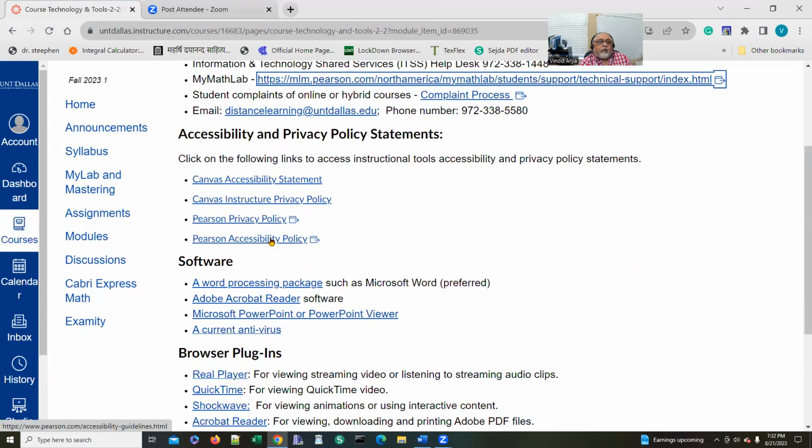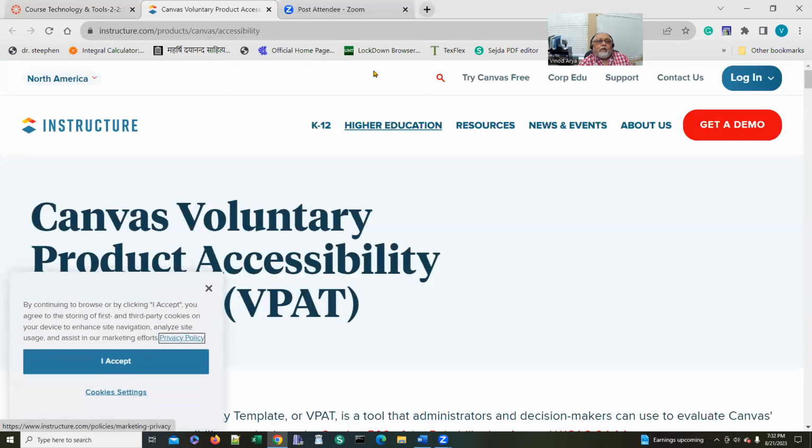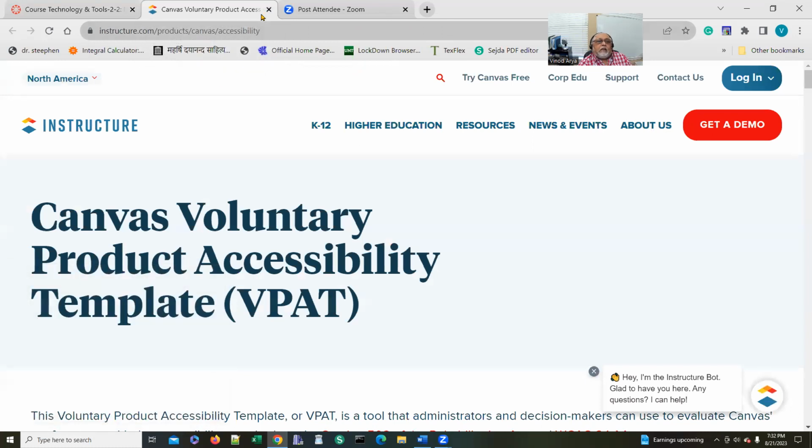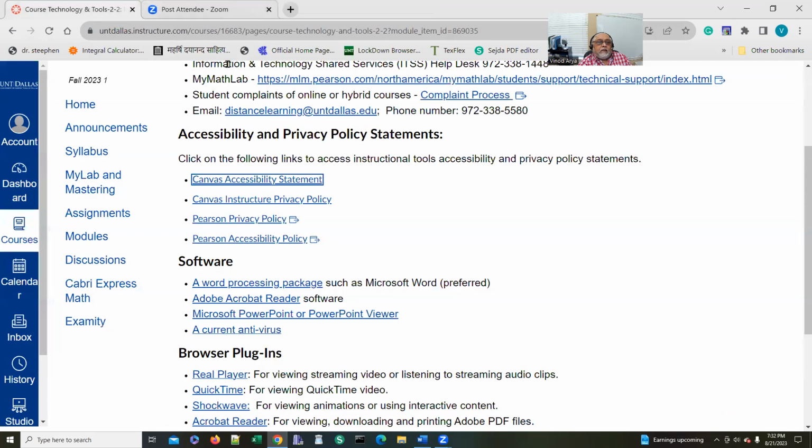These are some legal requirements, the accessibility. So it is here, you can read it. It is just for information. There is not much I have to do in it. This is the privacy policy. This is for MyMathLab privacy and MyMathLab accessibility.